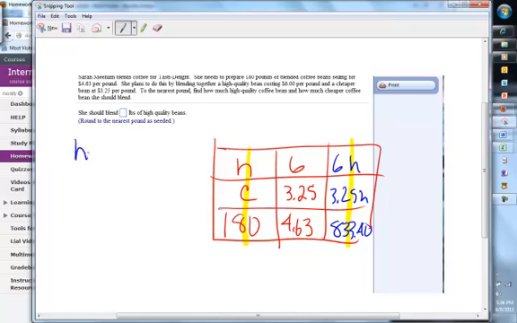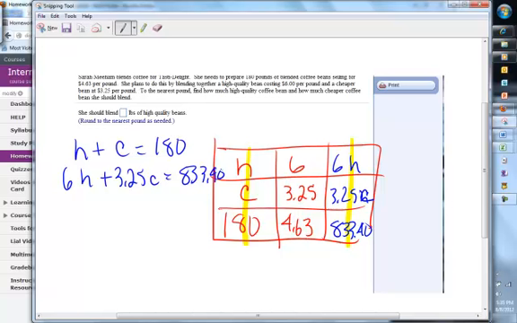So our two equations are H plus C is 180, and 6H plus 3.25, that's supposed to be a C, is 833.40. Let's enter that on our calculator.